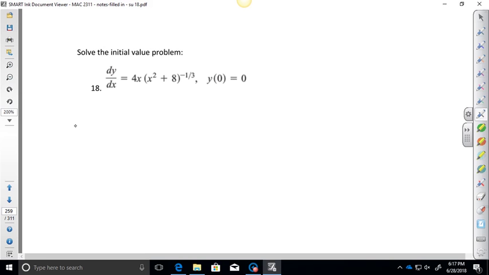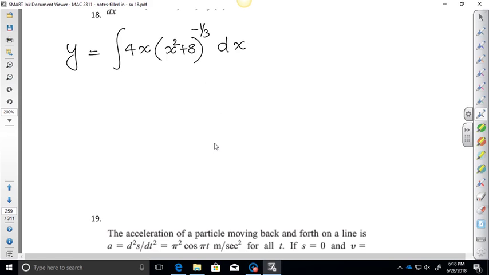To find y, I have to integrate this. From dy by dx to get y, I integrate. I can pull the 4 out. It's a constant. It's always better to bring a constant out.